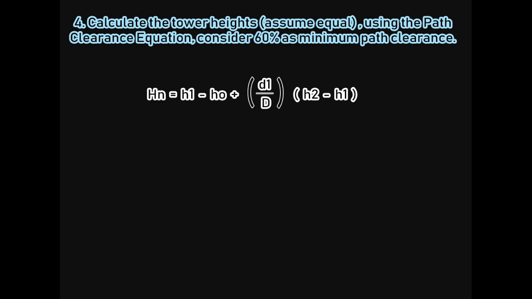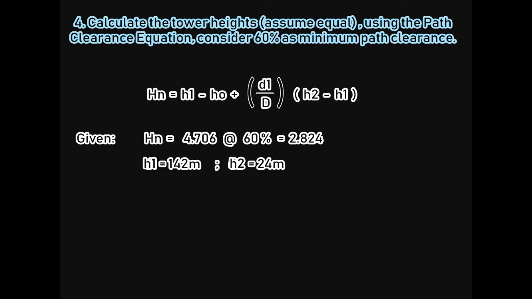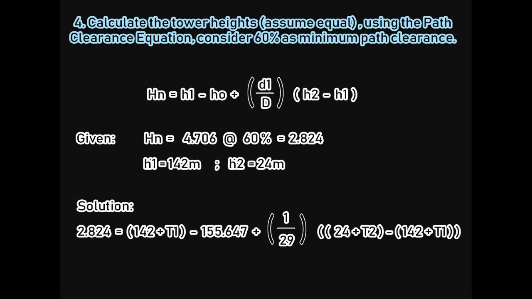So we'll just multiply the first Fresnel zone by 0.6 and it'll give us 2.824. The given values for height 1 and height 2 are 142 meters and 24 meters respectively. We'll now compute for the tower heights. Tower height is equal to 20.54 meters.